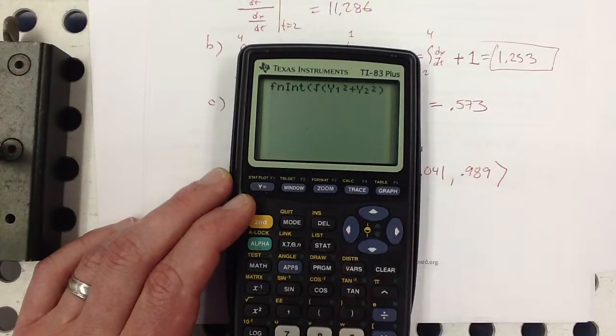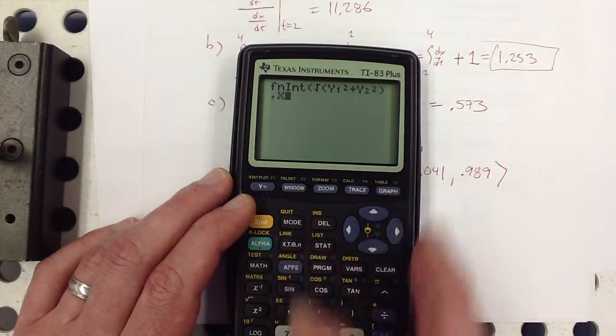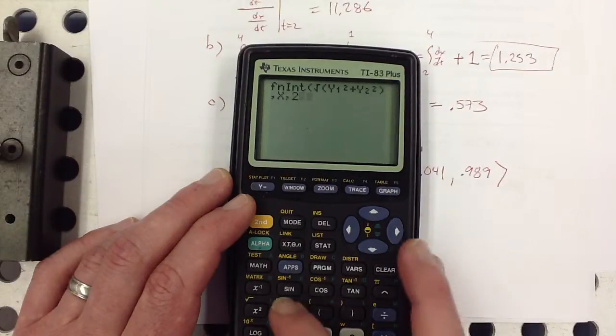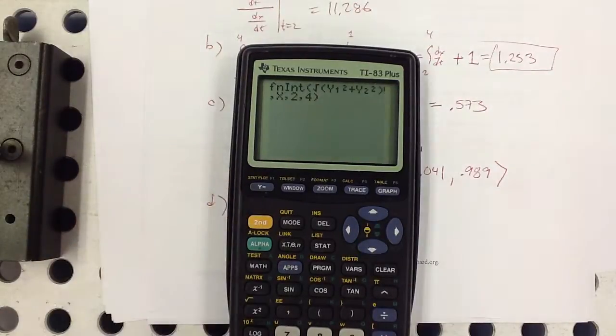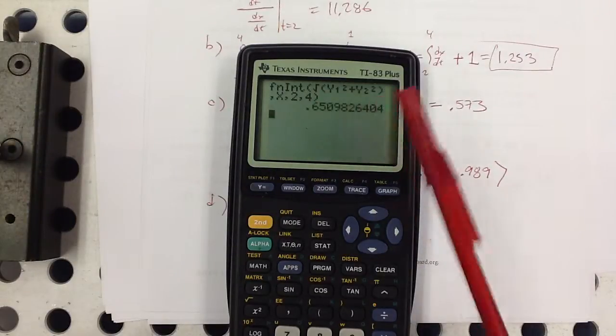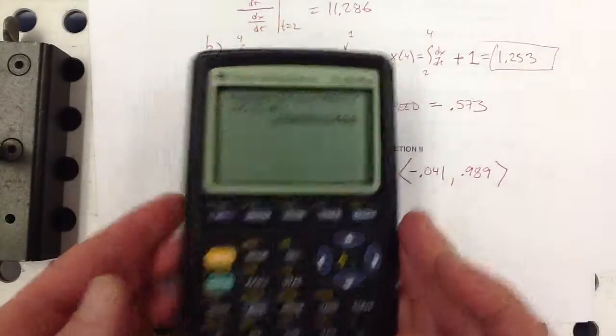Oops. Oh yeah, I do want to close that, sorry. Comma x, comma 2, comma 4. Come on, calculator, there we go. 0.651.